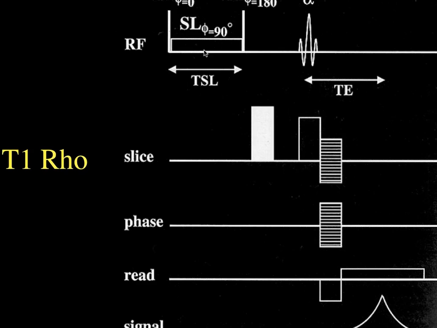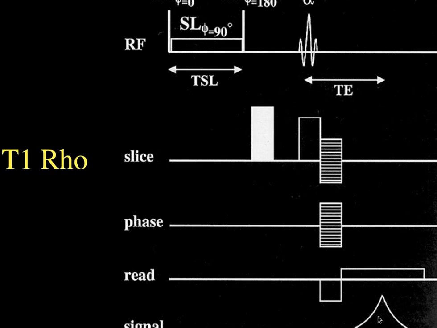It turns out that if you measure T1 in the rotating frame of the nuclei, it can be slightly different or markedly different than the T1 in the laboratory frame. And the way you measure that is, before we do our regular pulse sequence, you put on an RF pulse that forces all the nuclei to be together, and you take a weak pulse, you do the echo, and you get an echo.